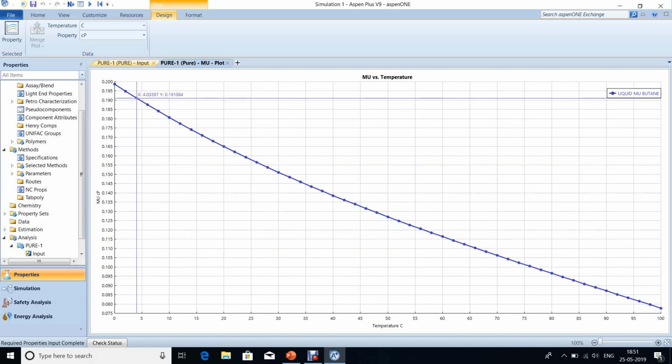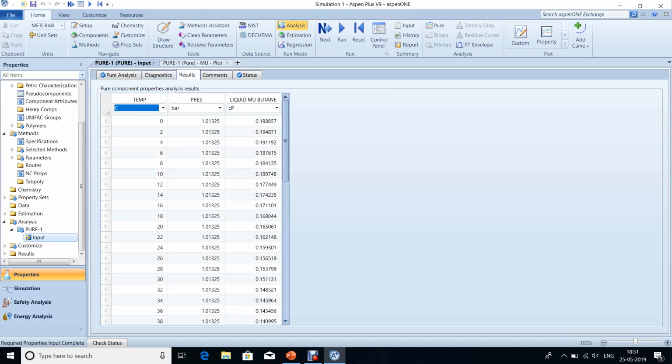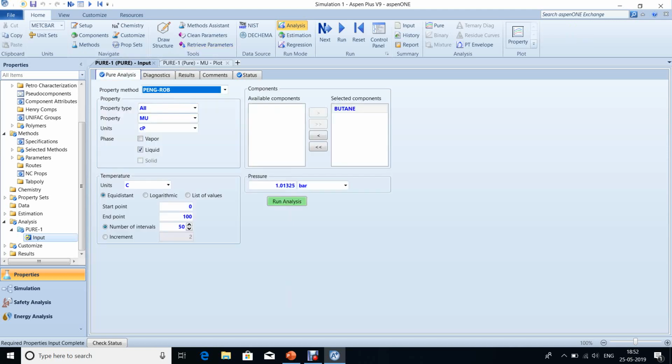And even if I click on pure one here and on the result button, I can see each and everything. We can copy this value and paste it in our Excel sheet, etc. So this is how we can estimate the values of the properties.